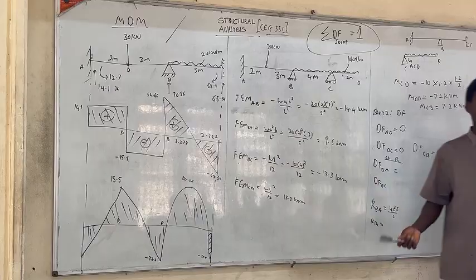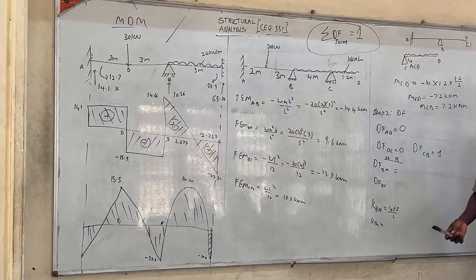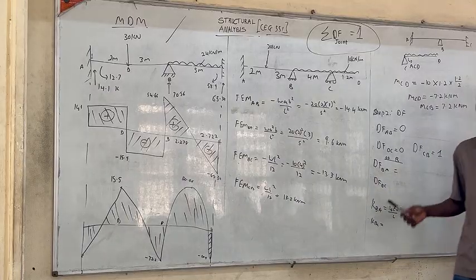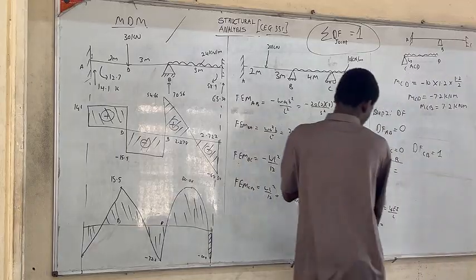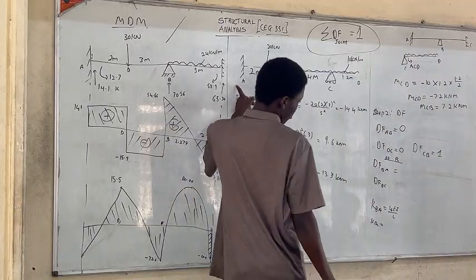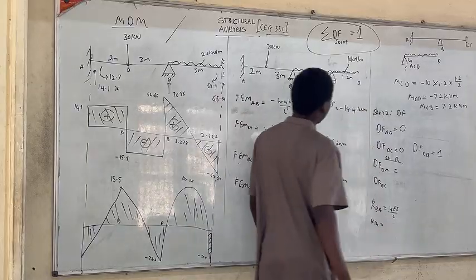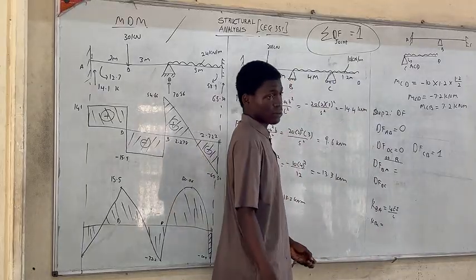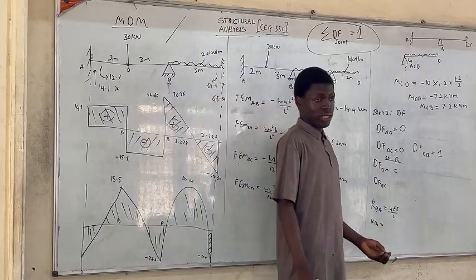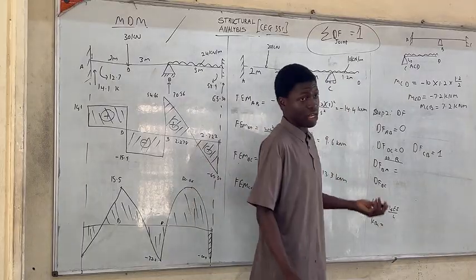That's what I'm saying, the correction we have on our distribution table. At the end of the day, I wanted to come out with what the correction is on our distribution table. So KBA, 4EI, now KBC should be what? What should KBC be? This is the roller end.